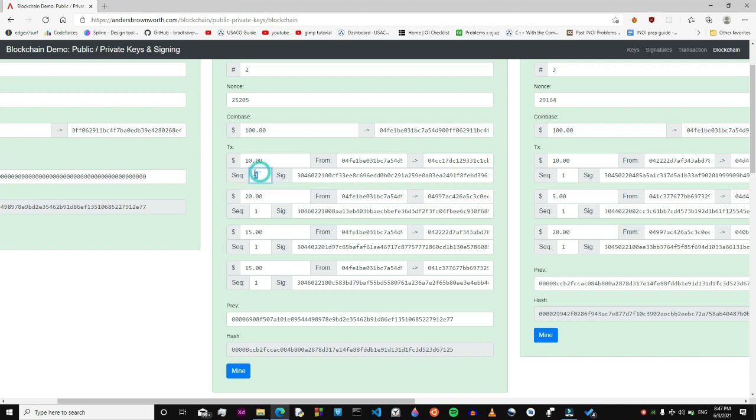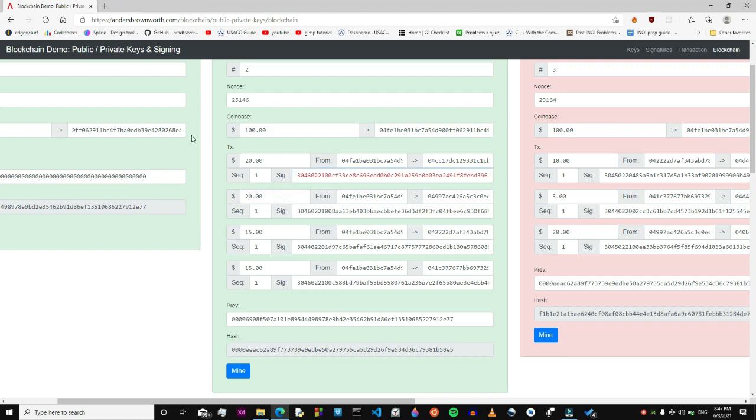The sequence number is 1, and this is the signature, right? Now even if we tampered it with 2, and even if we remine it, we are gonna get back a hash. The hash is gonna be correct, right? The hash is correct here, but the signature is not valid.